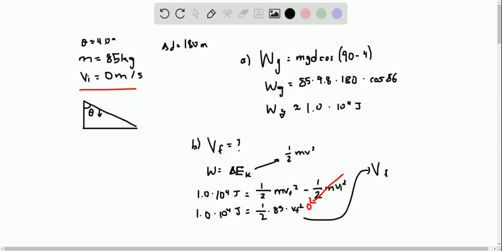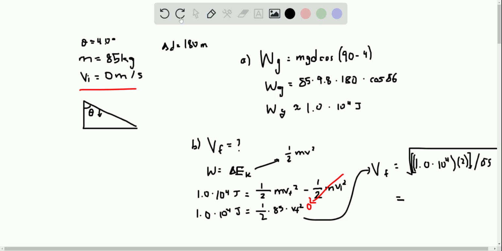So we can say that Vf equals the square root of 1.0 times 10 to the 4 times 2 divided by 85.